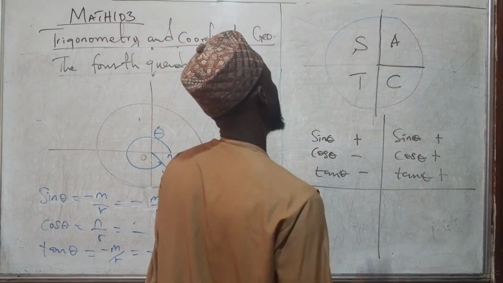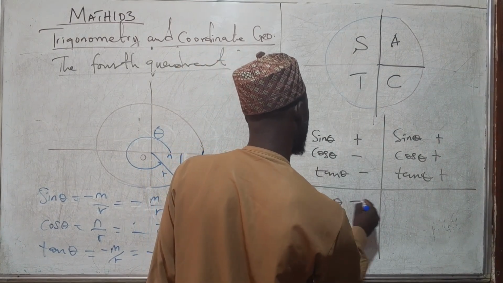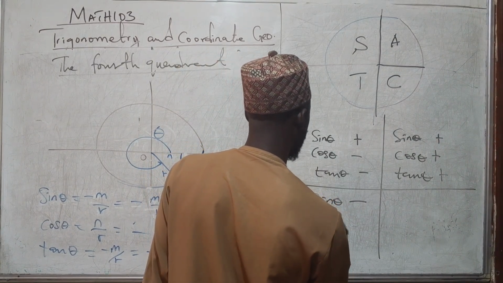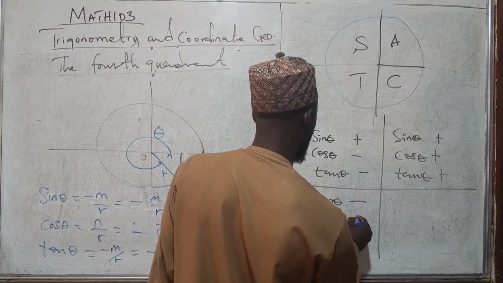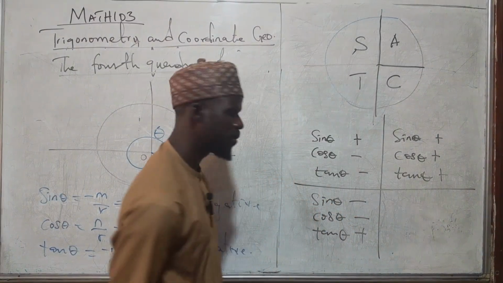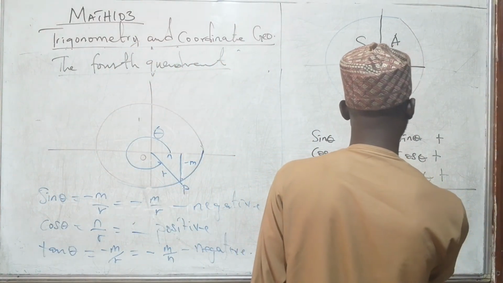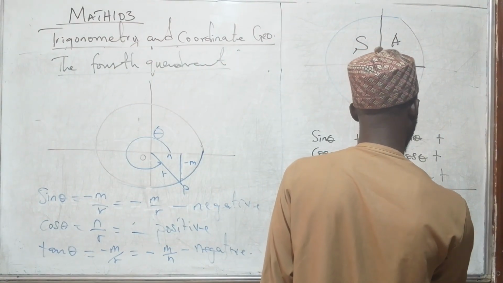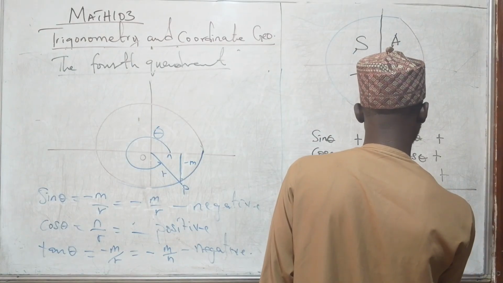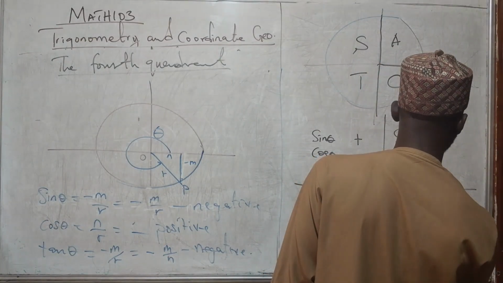In the third quadrant, sine theta is negative, cos theta is also negative. Tan theta is the only positive function in the third quadrant. While in the fourth quadrant, sine theta is negative, cos theta is positive, and tan theta is negative.